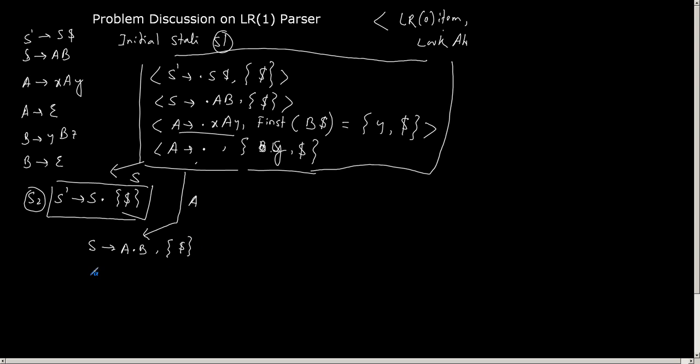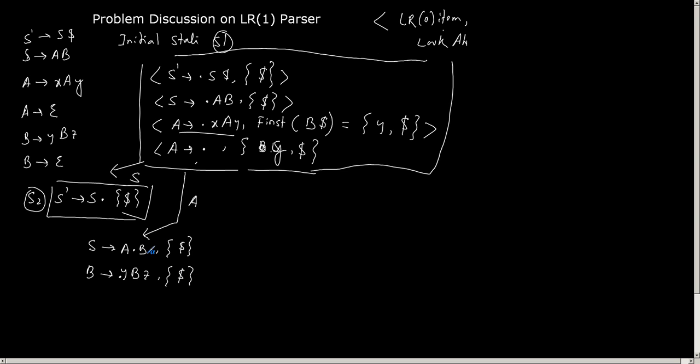From here, A dot B, there will be another starting state for B. So you have production for B. It will be B as YBZ dot, and here the look ahead symbol will be dollar.